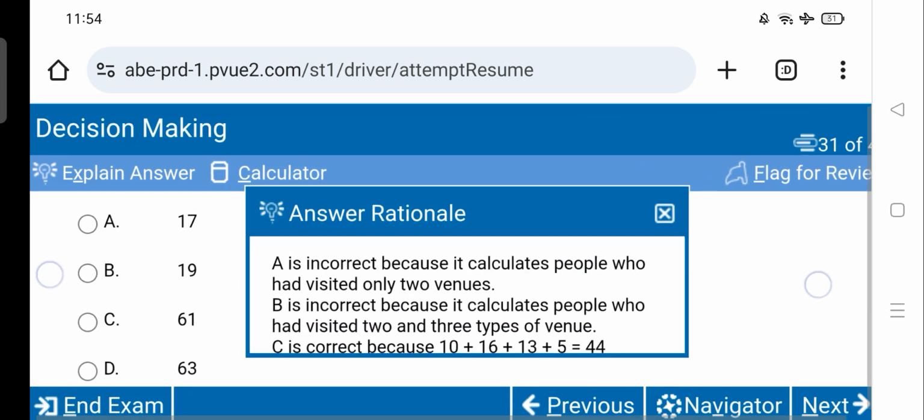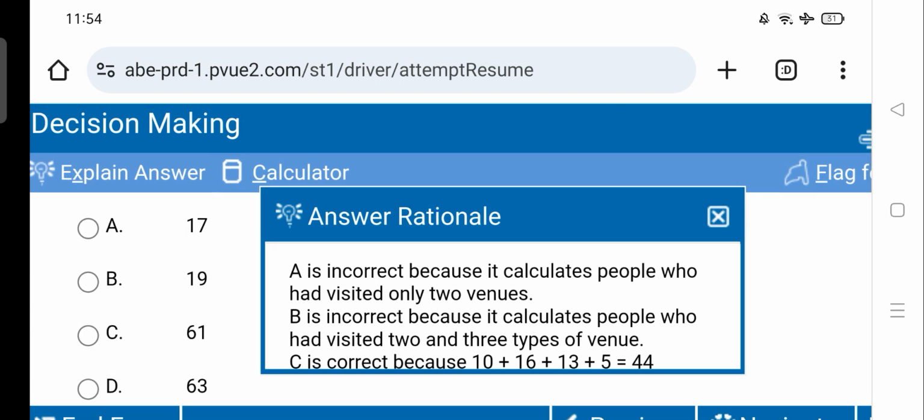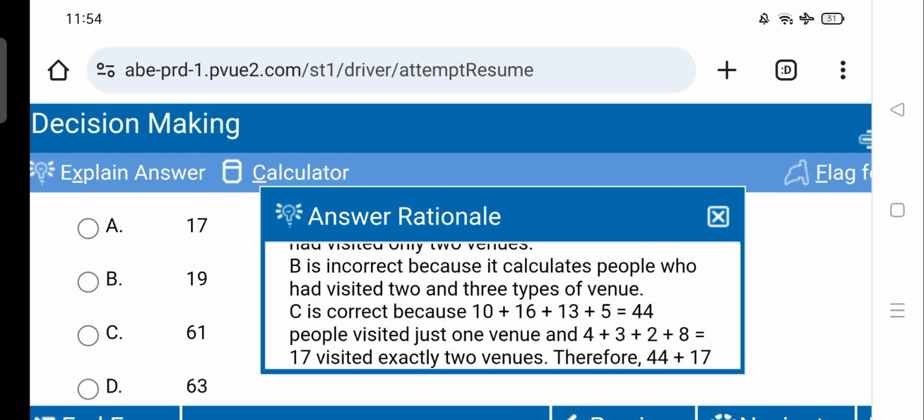A is incorrect because it calculates people who had visited only two venues. Option B is incorrect because it calculates people who had visited two and three types of venue.